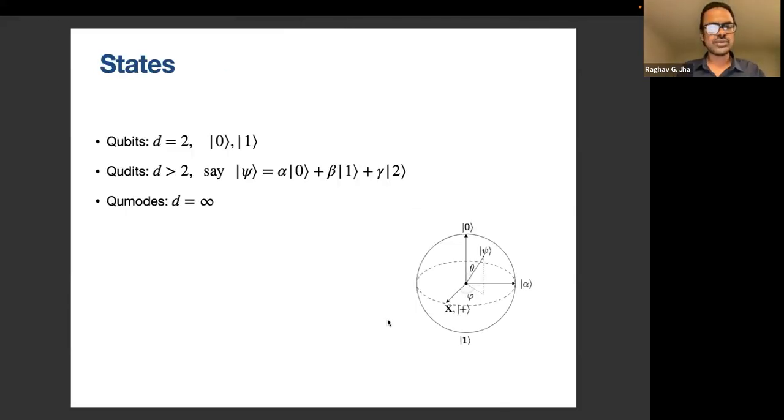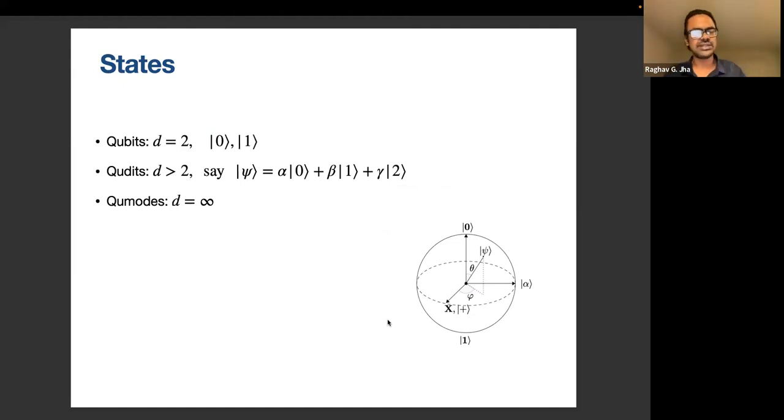Okay, so I talked about qubits and qumodes. In general, a qubit is a local Hilbert space of dimension 2. So there's 0 and 1. Qudits have D greater than 2. Say, for example, psi can be written as alpha times 0 plus beta times 1 plus gamma times 2, and normalized in the usual sense.